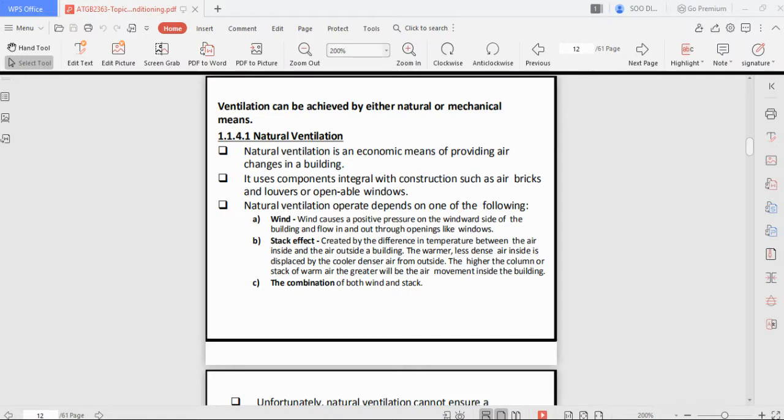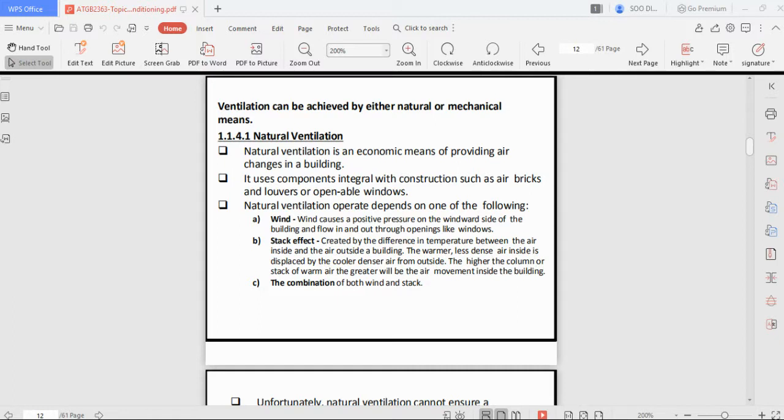Let's see if I can find an example here. Okay, there's no example here. If it's installed in a residential building, it'll be quite an old building, 30 to 40 years old.